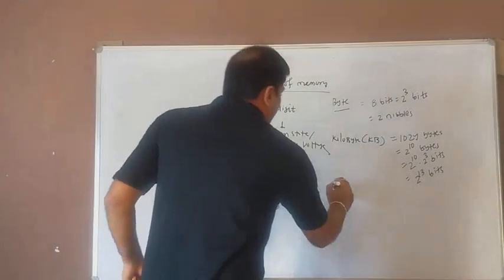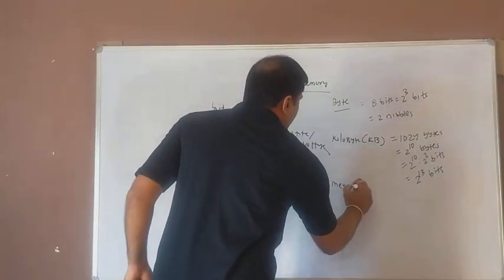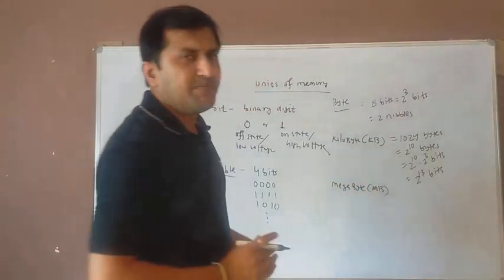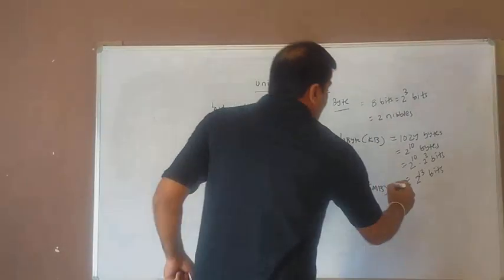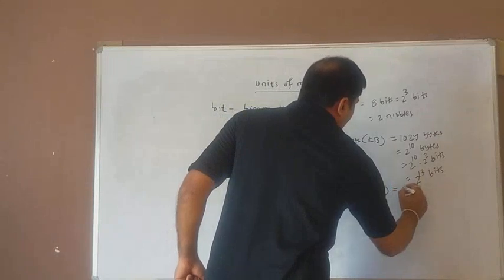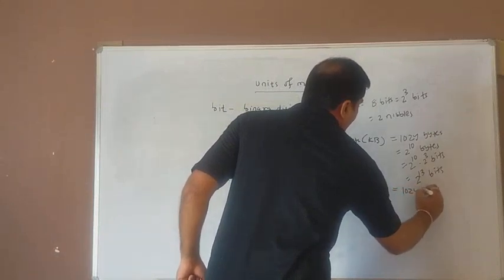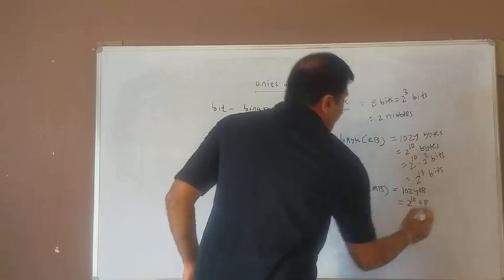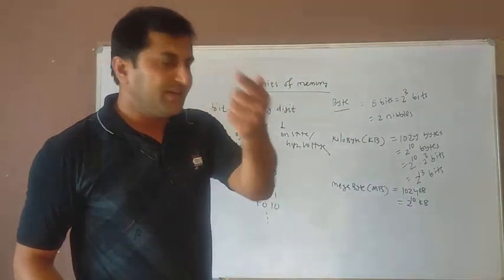Next is megabyte. Megabyte, MB. 1 MB equals 1024 kilobytes. 1024 KB equals 2 to the power 10 KB. 1 KB equals 2 to the power 10 bytes.